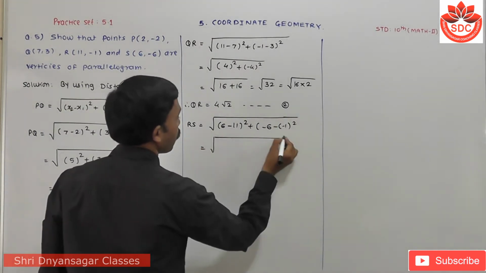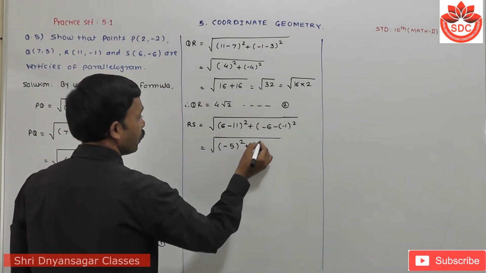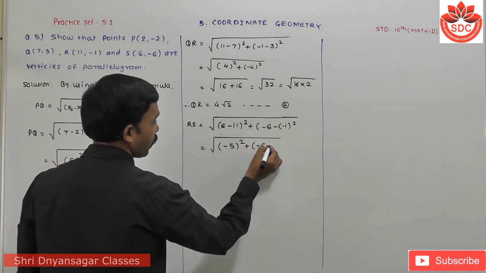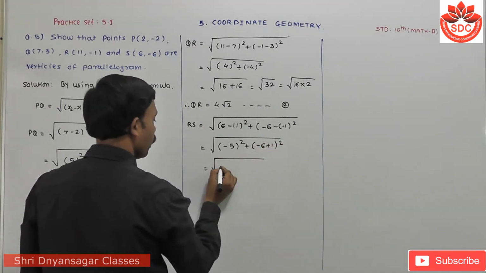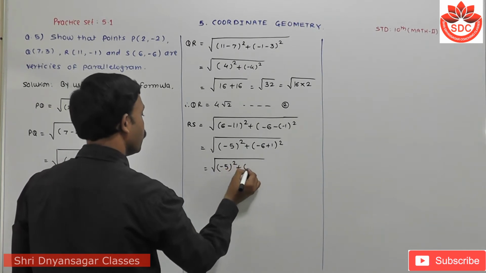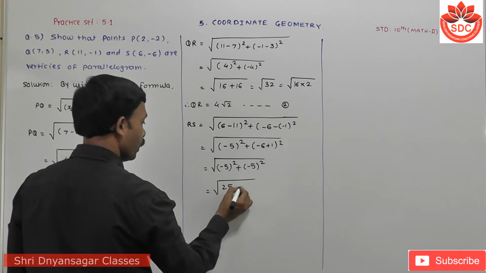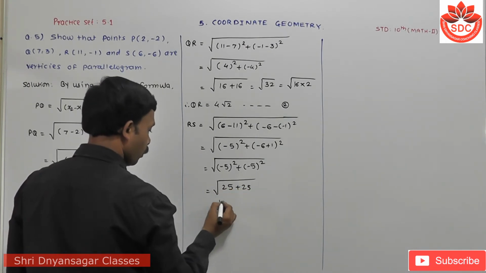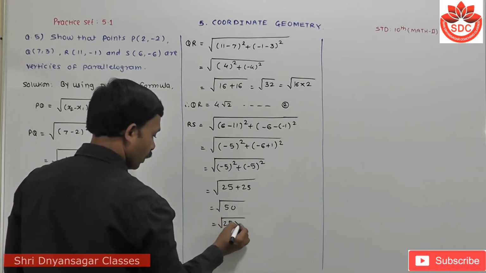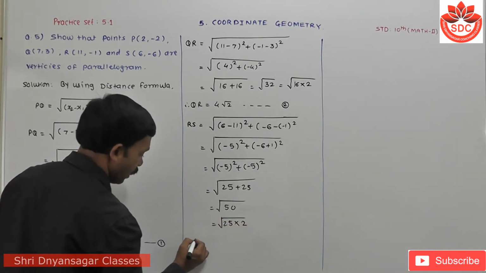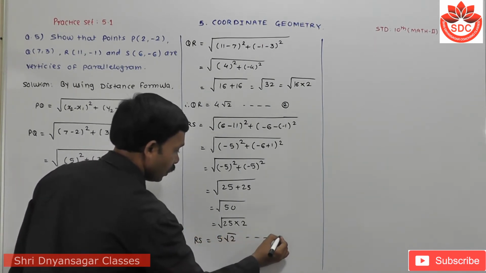The subtraction gives minus 5 squared plus minus 5 squared. The squares are 25 plus 25, which becomes 50. Then we factorize it, 25 into 2, so RS is equal to 5 root 2. Suppose this is equation 3.